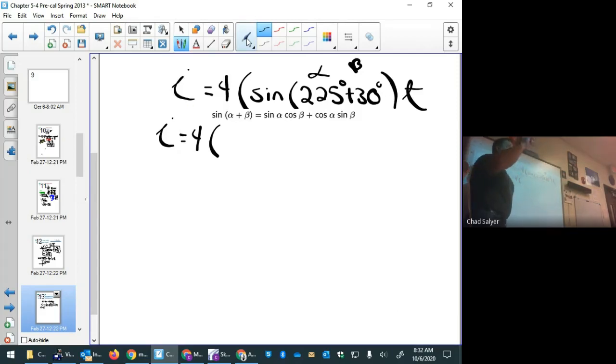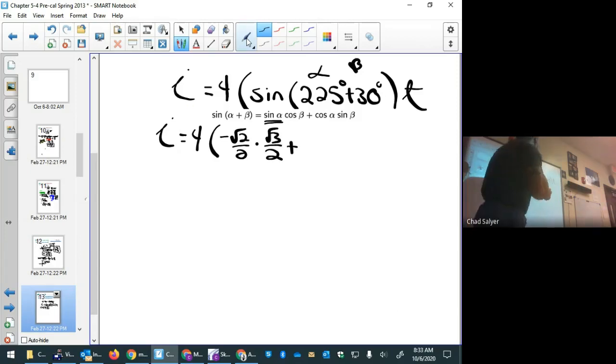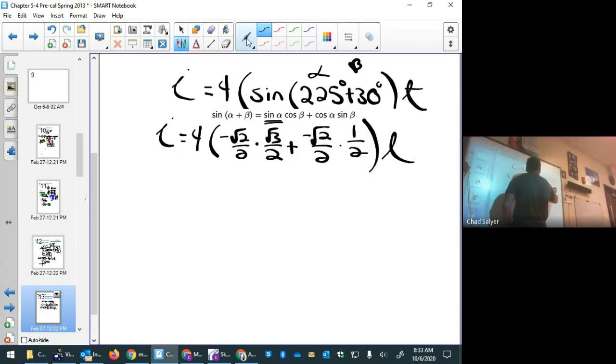If you don't know that, consult your unit circle. So that would be the first term here. Negative radical 2 over 2, that's sine of alpha, times cosine beta. So the cosine of 30 degrees, the x-coordinate at 30 degrees, is radical 3 over 2, plus cosine of alpha, which is also negative radical 2 over 2, times sine of beta, which is 1/2.